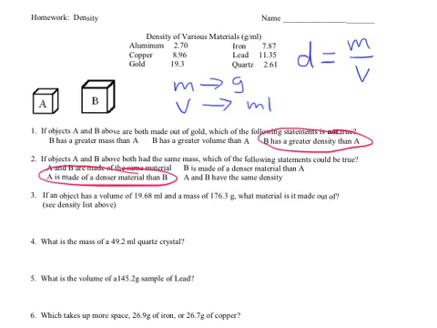So in this case what we're going to say is density equals, now we have to use our units. You've got to train yourself to use the units. So here's milliliters. Milliliters are volume. Volume goes here, so I'm going to put the volume down below. 19.68 milliliters. And here it says a mass of, well that helps me because mass goes up above. So therefore I'm going to put 176.3 grams up above.